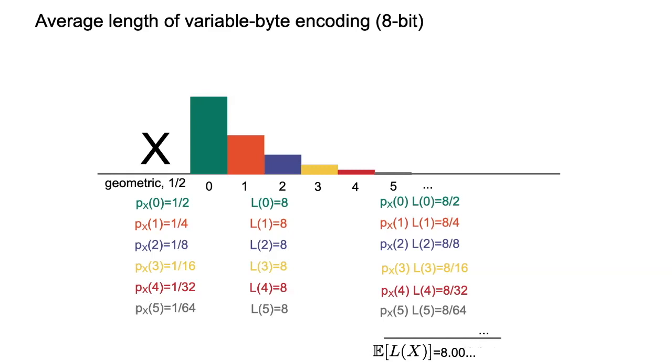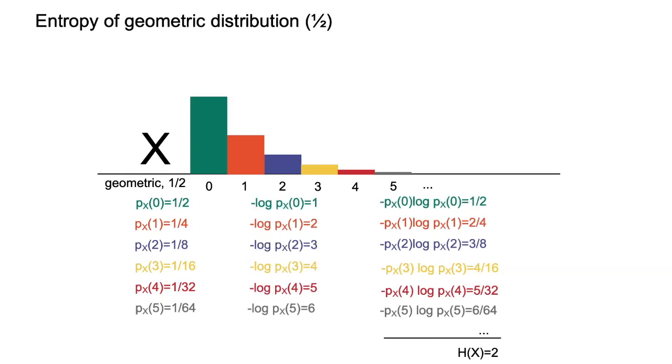So imagine that I'm using now a variable-byte encoding on 8 bits, right? And I have the geometric distribution, still the same geometric distribution. So my probabilities are 1/2, 1/4, 1/8, 1/16, and so on. Minus log would have been, I computed it here, 1, 2, 3, and so that was the entropy.